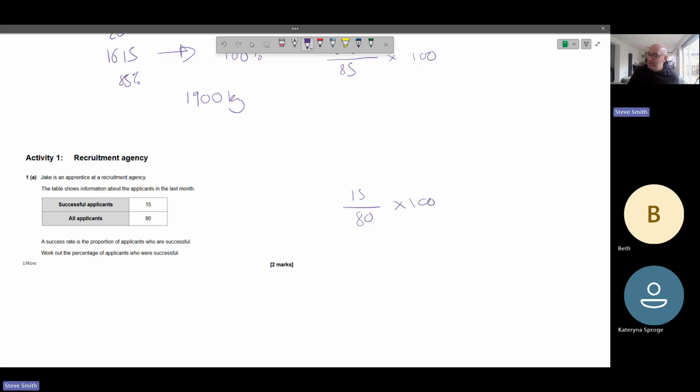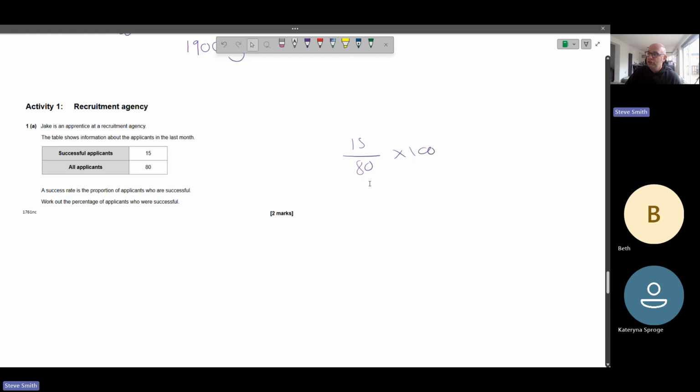So we're going to look at this, and again, this might confuse you, but if we're going to do a number divided by another number, then times it by 100, can we not just put the two zeros here? So we don't have to times it by 100.